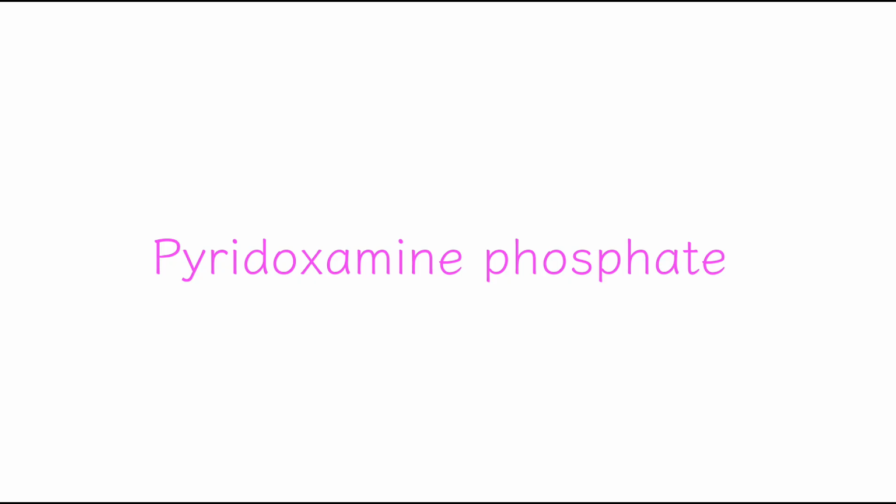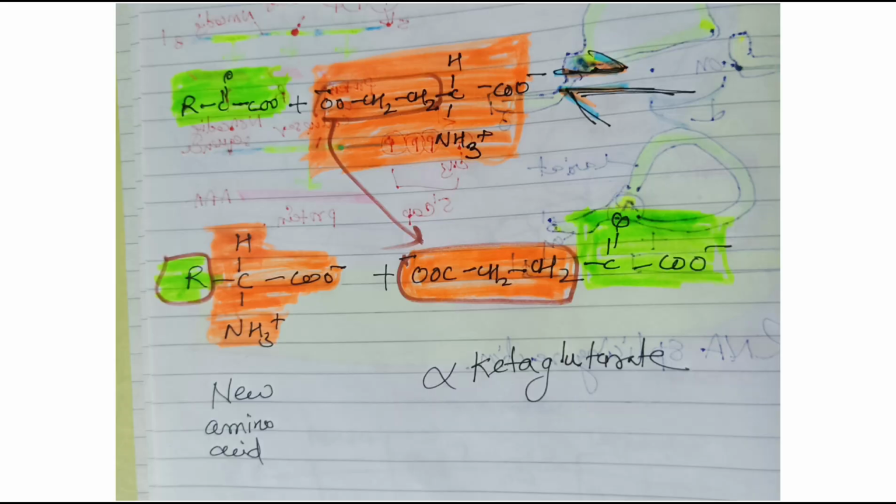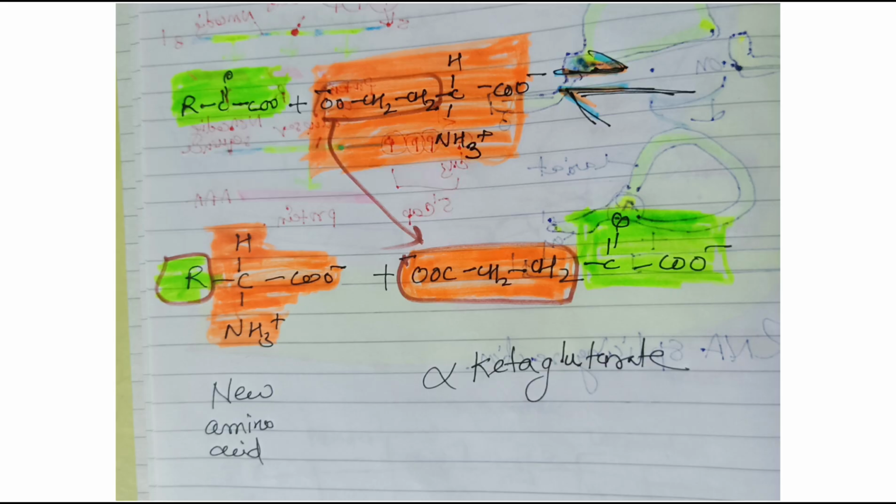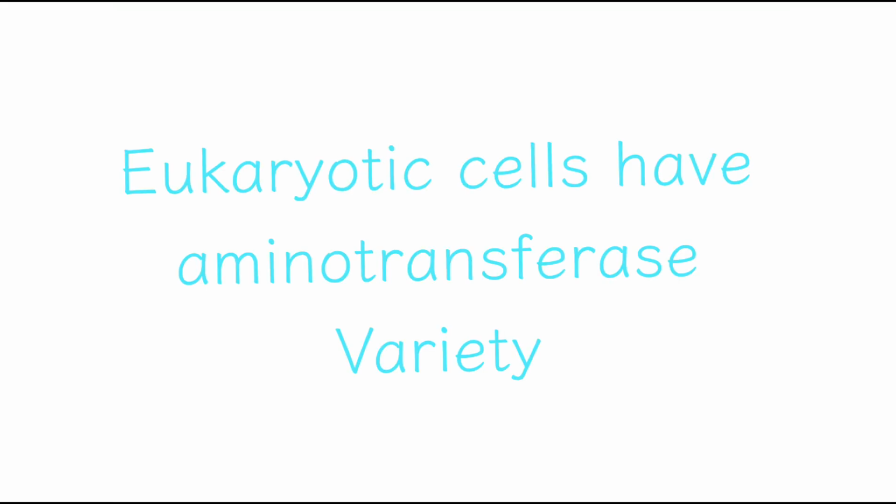It is a part of the coenzyme which helps in generating pyridoxamine phosphate. So pyridoxamine is one form of the coenzyme. It reacts with an alpha keto acid and it forms an amino acid. So what mainly happens is that pyridoxal 5-phosphate reacts with an alpha amino acid, and pyridoxamine reacts with an alpha keto acid to form an amino acid and regenerate the original aldehyde form of the coenzyme.